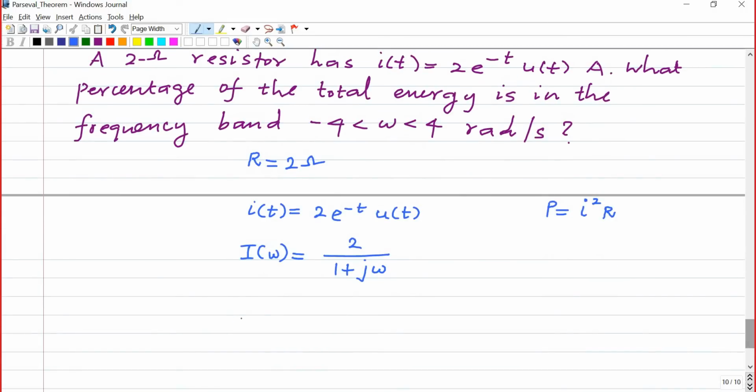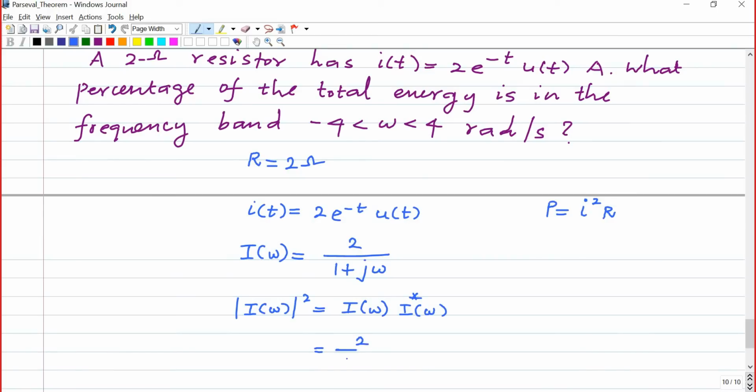For the frequency domain energy expression, we need absolute of I omega the whole square. So we can write it like this: I omega multiplied by I omega conjugate.